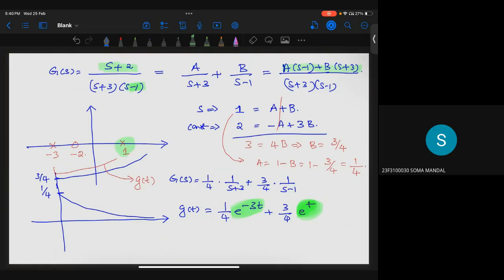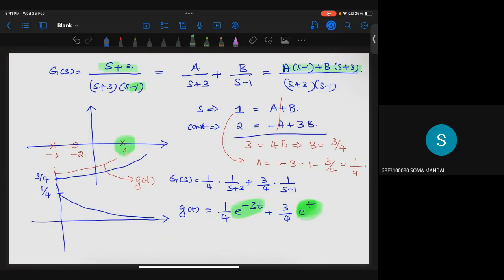The pole must be a negative pole. So it should not be on the right side. The only thing is that we should move this pole to the left side. That is the main job of this control systems course.